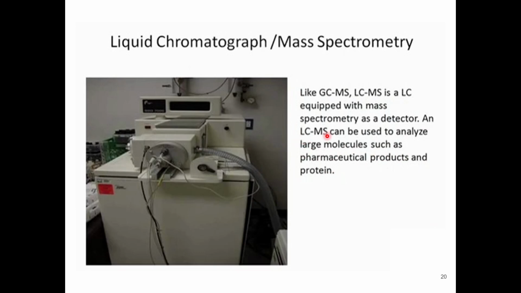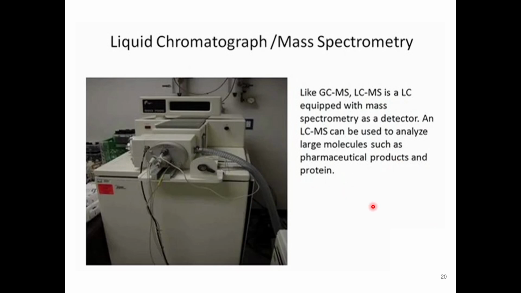As the name suggests, the liquid chromatograph is equipped with mass spectrometry as a detector, and as it uses the liquid phase, it can be used to analyze very large or very heavy molecules, such as those related to pharmaceutical products and proteins.